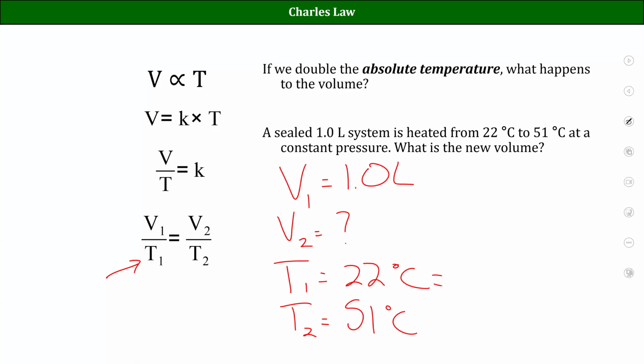So we just add 273 to both of these. We get 295 Kelvin and 374 Kelvin. Now we know everything except V2. A little bit of algebra, we're good to go.